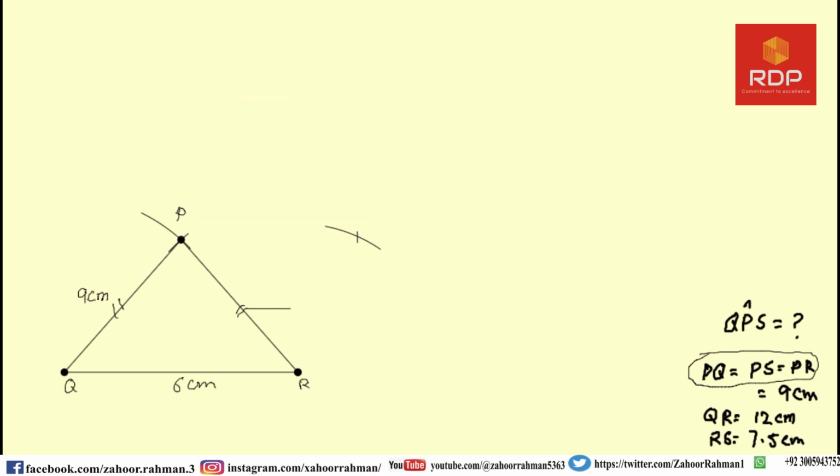Now next job is to connect these lines, this and this line. So I am saying that this will be S point. This is 4.5 centimeter with me, and that was 3.75 centimeter with me. Okay, that was the whole story about the drawing of this quadrilateral.